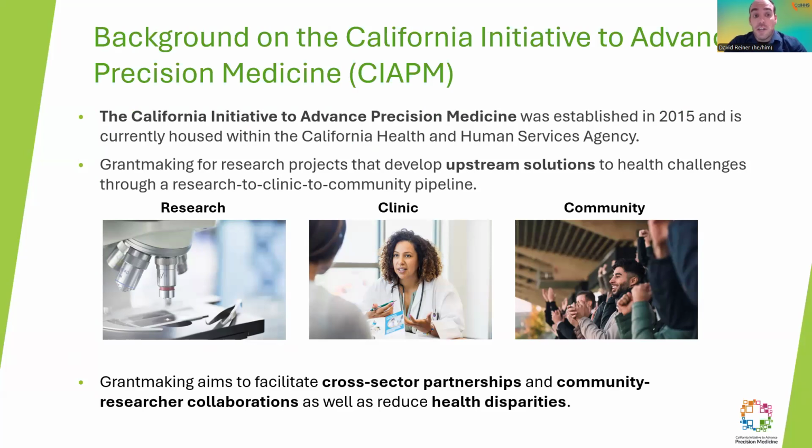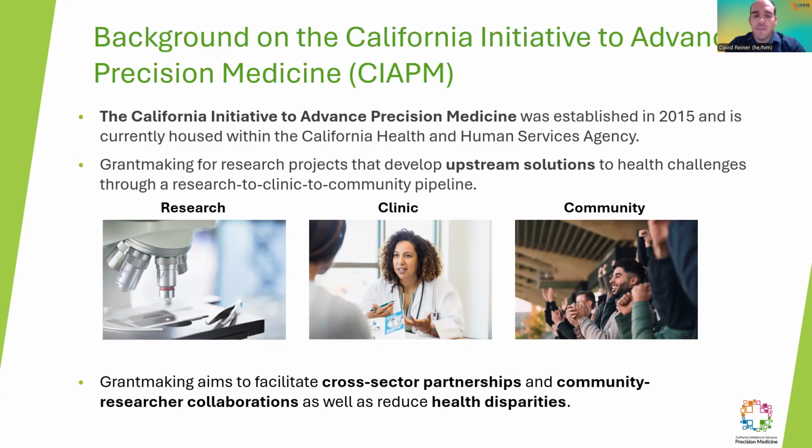The California Initiative to Advance Precision Medicine, or CIAPM, was established in 2015 and is currently housed within the California Health and Human Services Agency, so we're a program of the California state government. Our focus is on grant making for research projects that develop upstream of solutions to health challenges, the research to clinic to community pipeline.